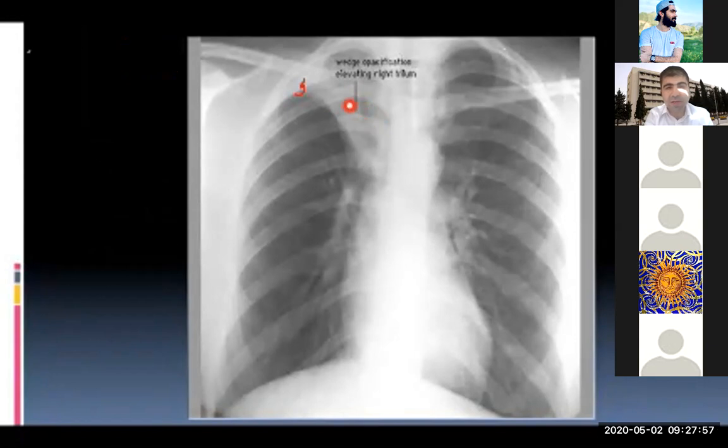The transverse fissure, which is seen here, is shifted up. So it means there is some kind of volume loss in the right apical zone, which is most likely due to CA bronchus obstructing the right upper airway.